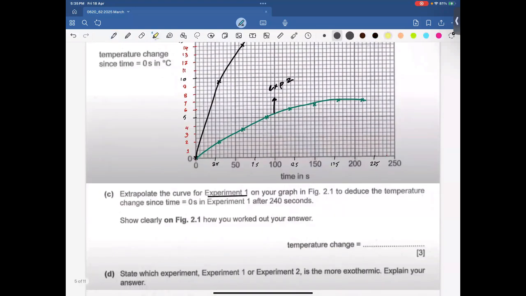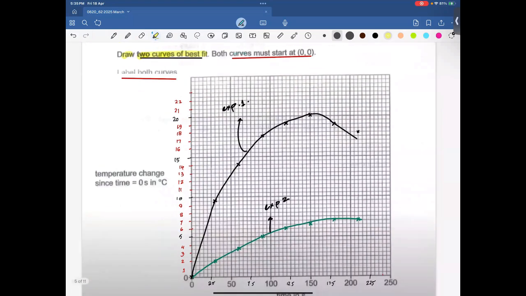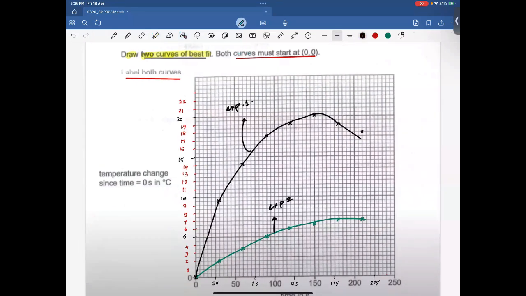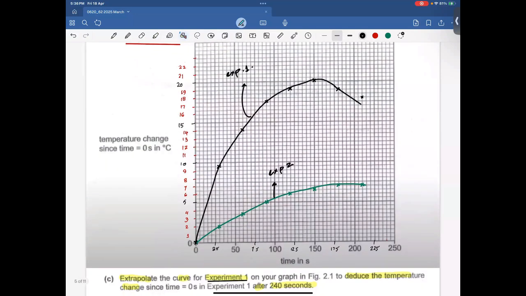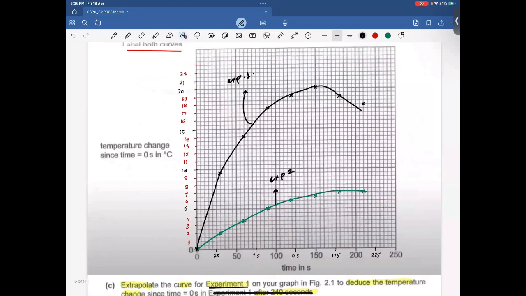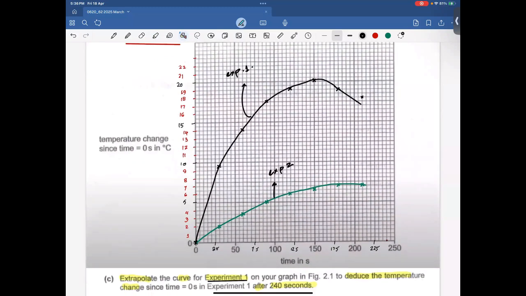Part C, extrapolate the curve for experiment 1 after 240 seconds and reduce the temperature change. Okay, so I extrapolate this until 240 seconds. 240 seconds, 240 seconds, this is 240 seconds.